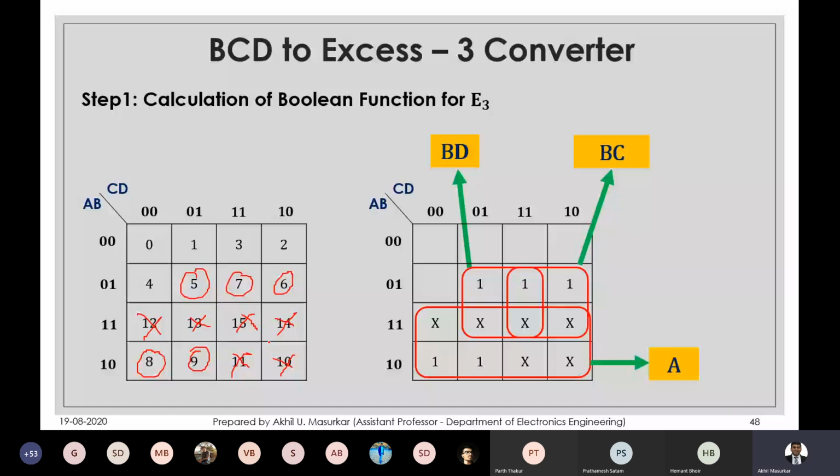So Sumant again, the first one to give the answer. Good, Sumant. So this is E3. Please copy this K map. Don't care, you can consider it 1 as per your convenience.